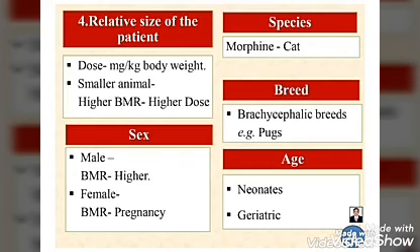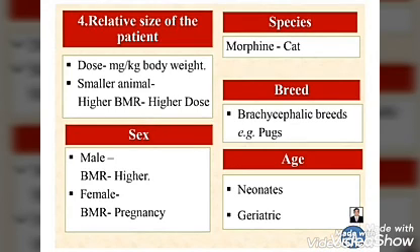So the BMR of these breeds is very high, the dose is higher, because it is quickly metabolized in the liver. So a higher dose is required in the smaller breeds as compared to larger breeds, particularly Great Dane, Rottweilers, even the Boxers, which require a lesser dose as compared to small breeds.